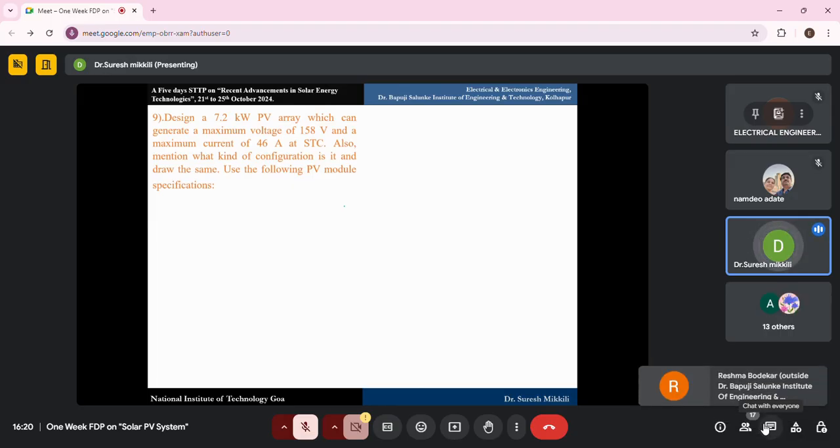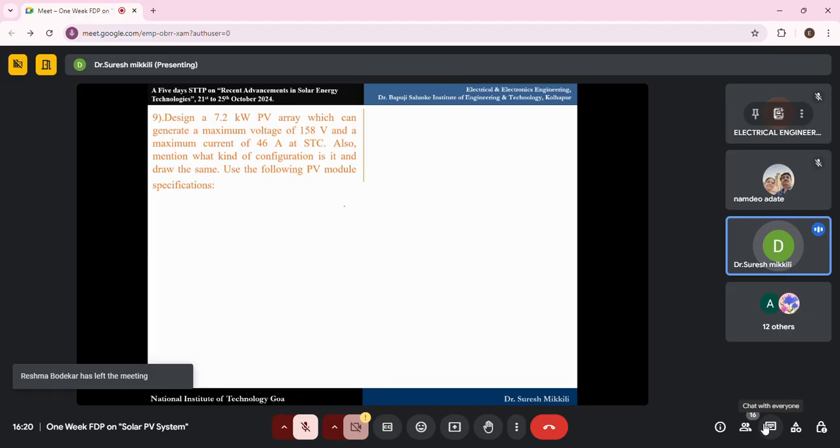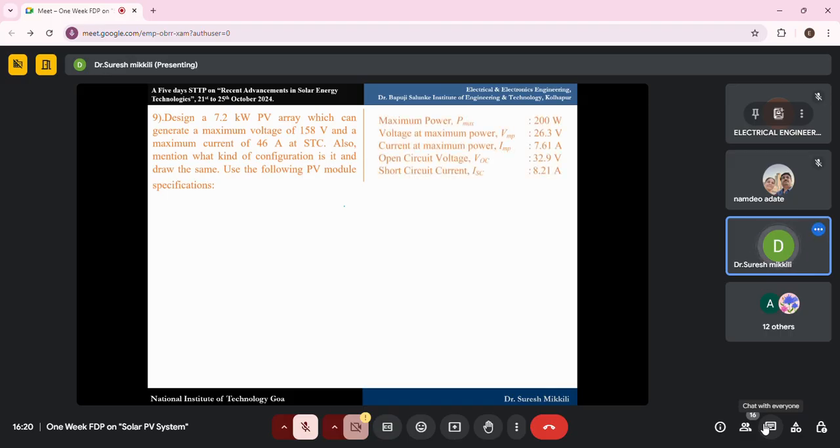Design a 7.2 kilowatt PV array which can generate a maximum voltage of 158 volts and a maximum current of 46 amperes at standard test condition. Also mention what kind of configuration it is and draw the same.